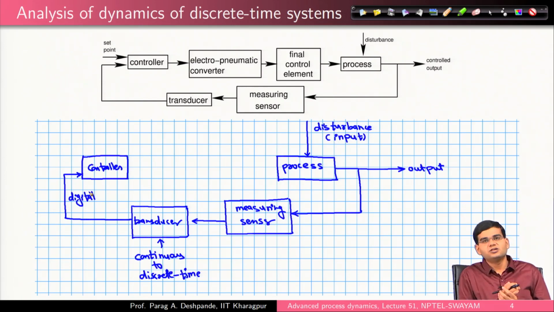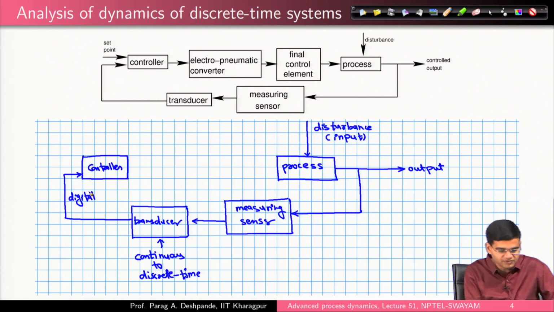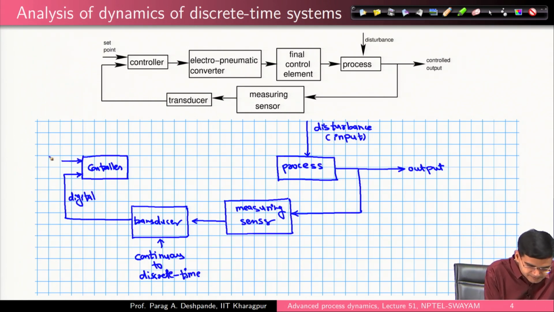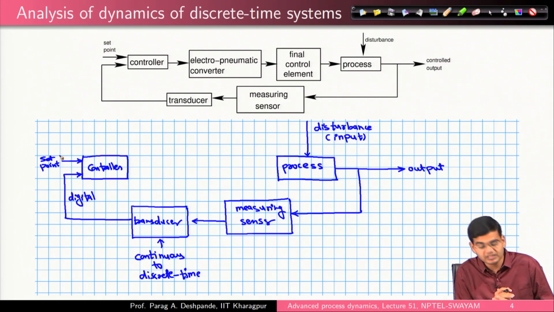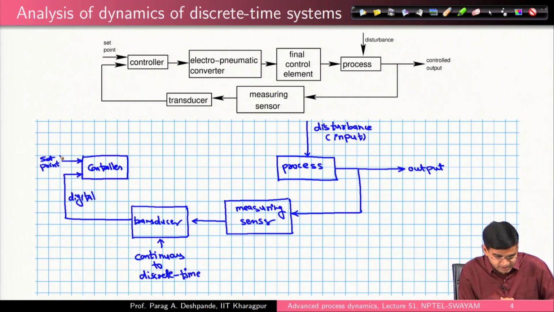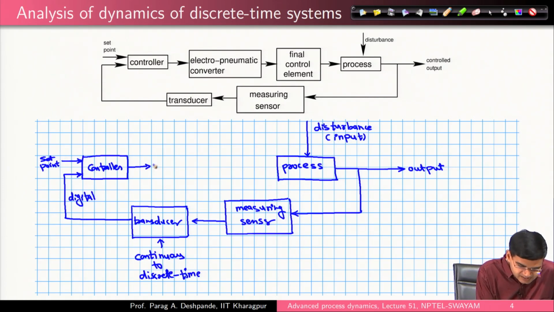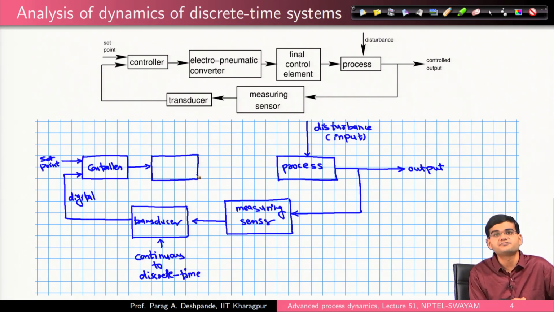But how would a control algorithm work? Control algorithm wants to make the error as 0, and error means what you want to maintain versus what is actually going on. So, therefore, you need to provide the system with a set point, and the system will generate an error, which is the difference between what you are actually getting and what you want. And then there can be a series of electro-pneumatic or various kinds of converters.